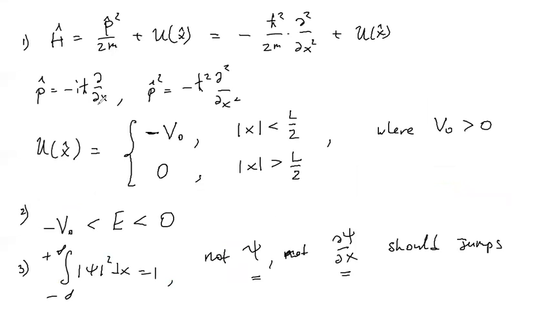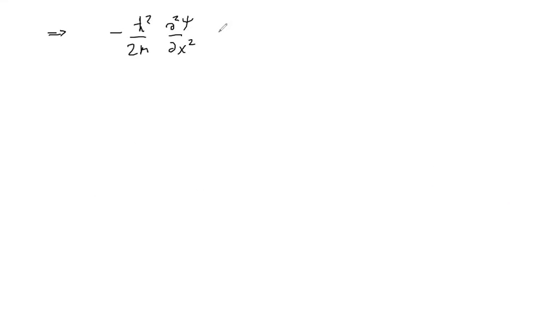So let's write the equation then. Minus h bar squared over 2m, the second derivative over x. This is my operator h, the first part, acting on the wave function, plus the potential energy applied to the wave function.